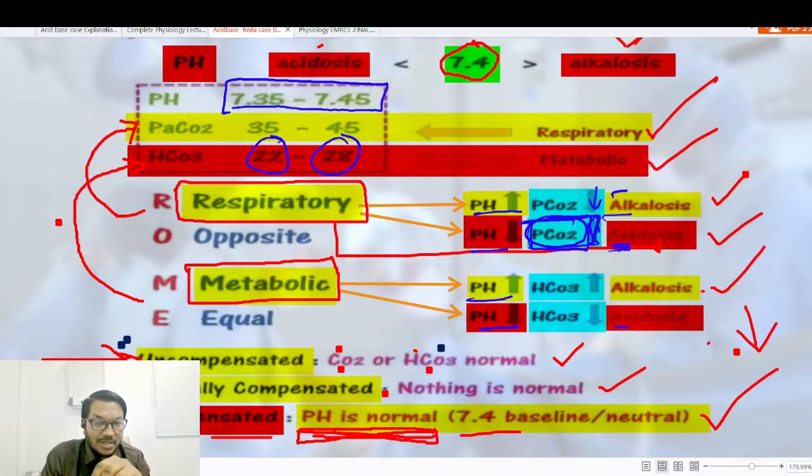So in metabolic, our renal system is mainly involved. Remember this one: in respiratory, our lungs are mainly involved, and in metabolic, our renal system is mainly involved.